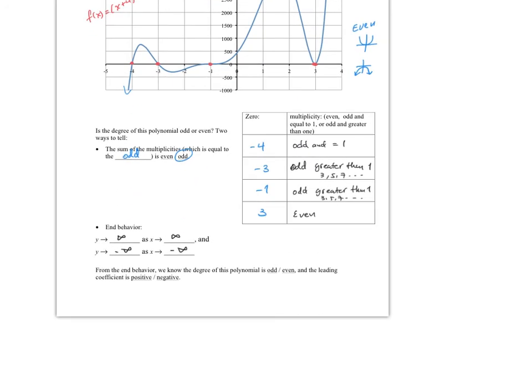Now from the end behavior, we know that the degree of the polynomial is odd, which I mentioned at the beginning, and the leading coefficient is positive. Remember, if it is odd and the leading coefficient is positive, it will look like this, and the graph will look like this if the leading coefficient was negative. Again, that's just a review of what we did last time.